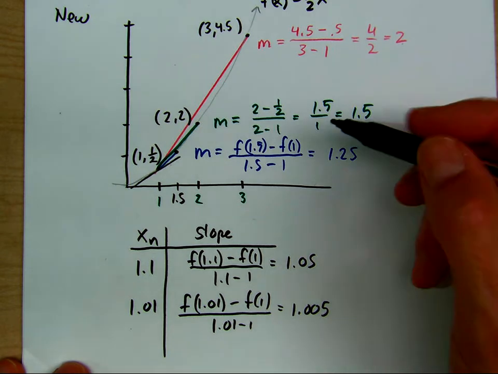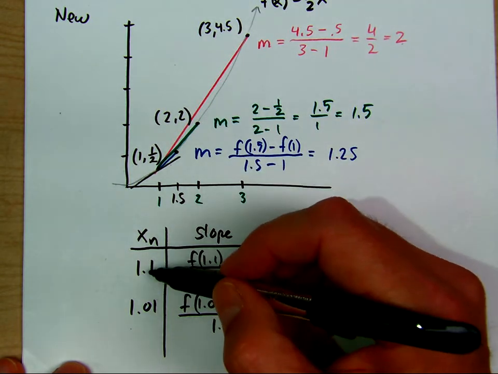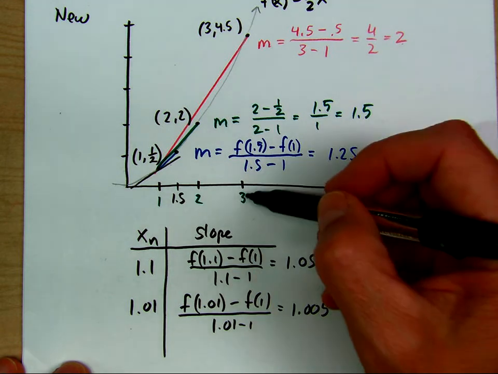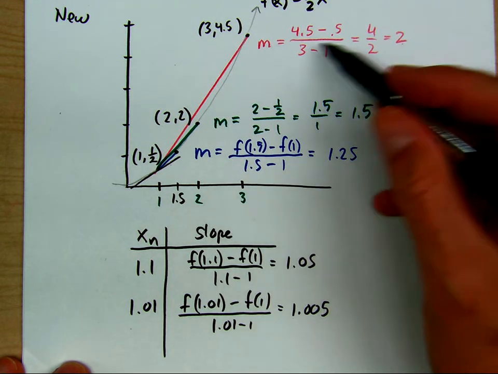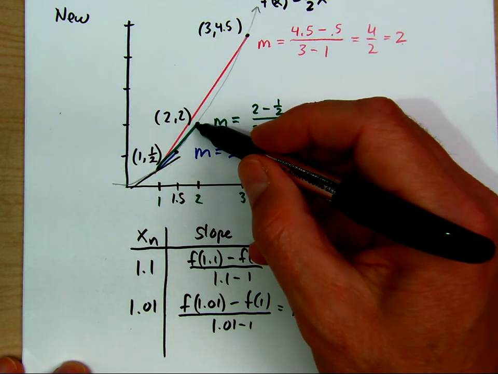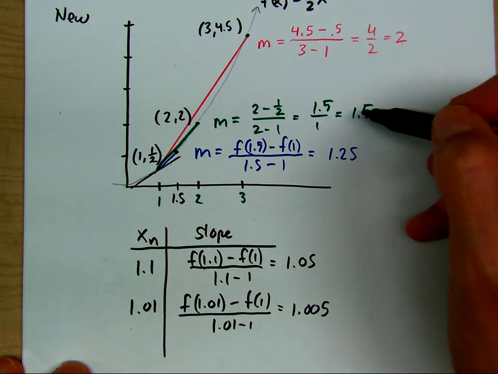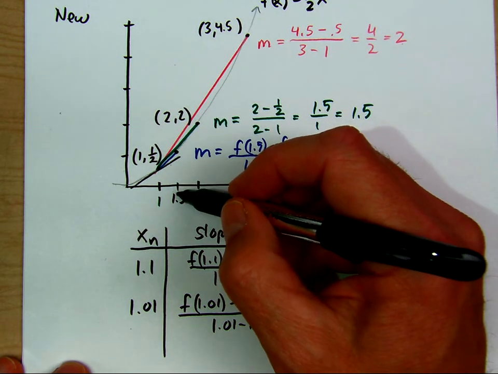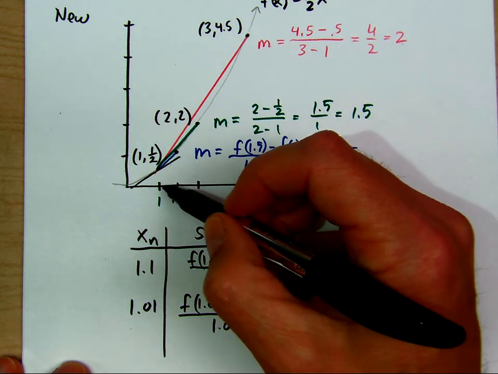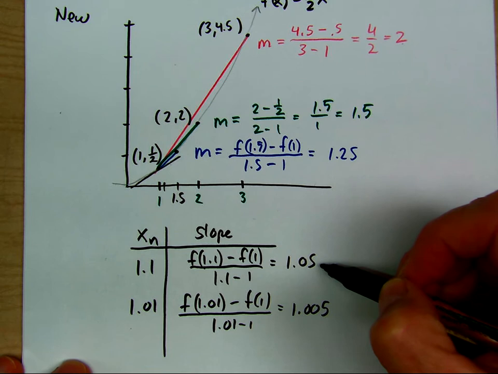Alright, so what's happening here is I'm choosing x values that are getting closer to 1. Just like I was doing up here, we started with 3, we found a slope. Let's move it in closer to a 2. Let's use the coordinates at 2 to find the slope and now it's 1.5. Let's go in, x is 1.5, and now we have a slope of 1.25. Let's go all the way to 1.1, and now we have a slope of 1.05.